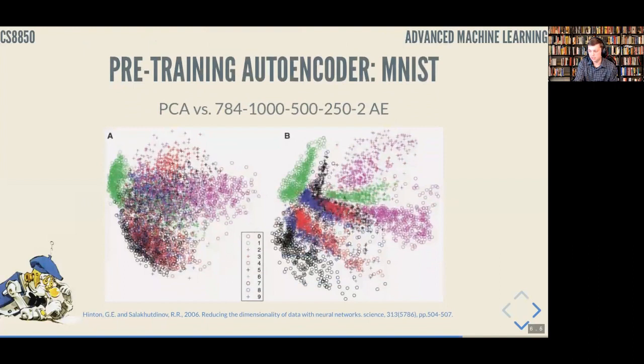So what they showed in this Science paper in 2006 is that if you do a two-dimensional projection on any of the two axes or principal vectors of PCA, you get something like that.